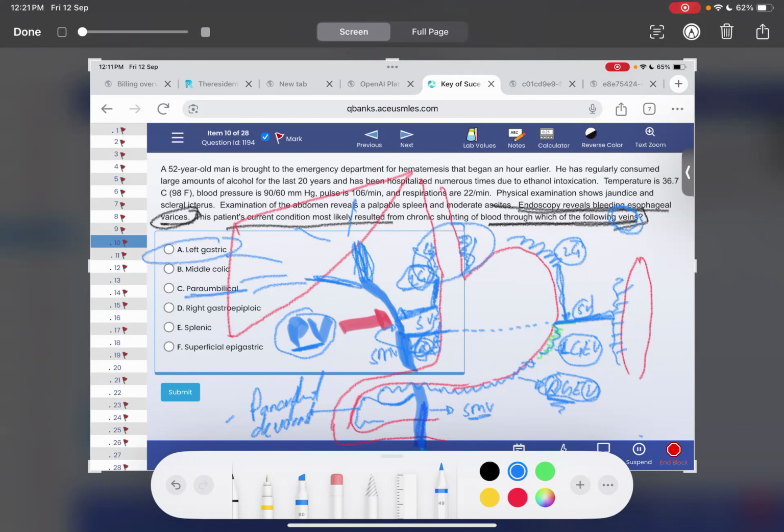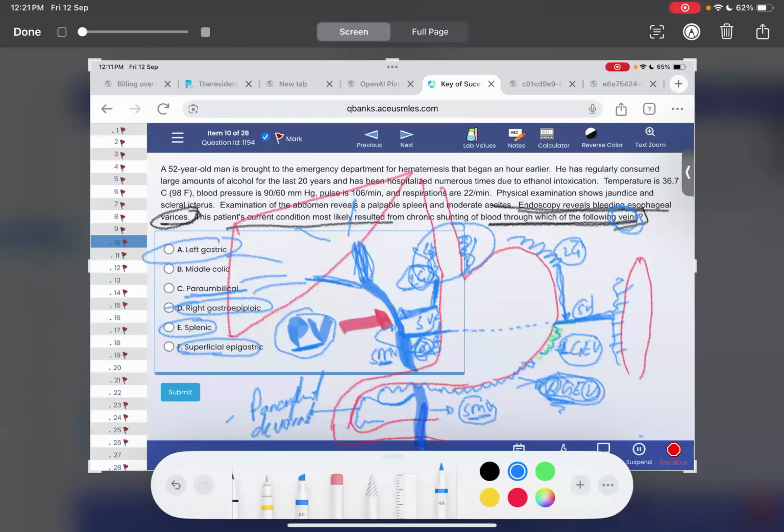Paraumbilical is present on the superior surface of the interior abdominal wall, so it's not that. Right gastroepiploic is a tributary of the superior mesenteric vein. Splenic vein also drains into the superior mesenteric vein, and then the name changes to portal vein. Superficial epigastric is present on the superficial surface.